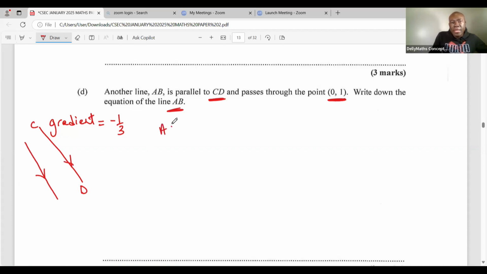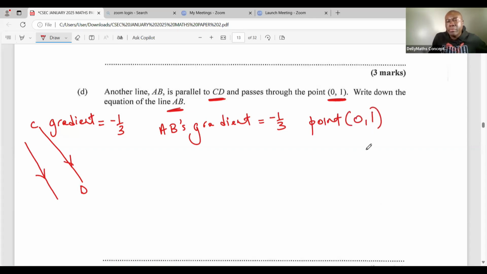So AB's gradient is equal to negative 1/3 because parallel lines do share the same gradient. The point that it passes through is (0, 1). This is x and this is y. This might just be a 2 marks question because I'm not going to work out the c.